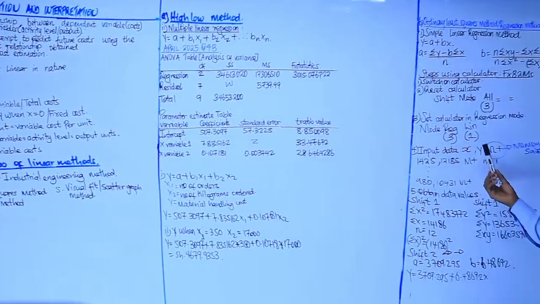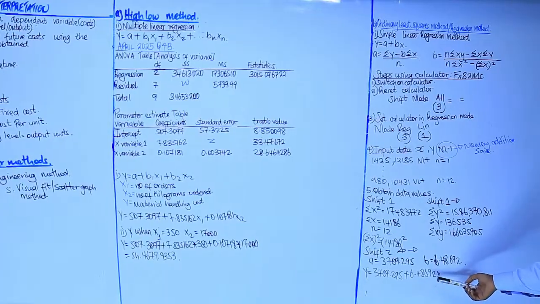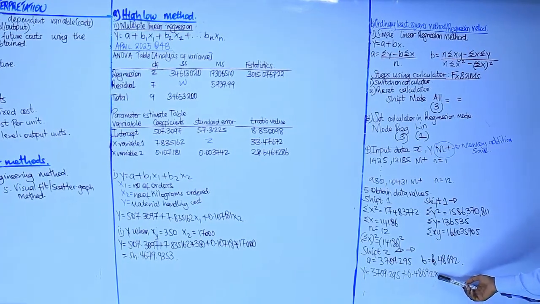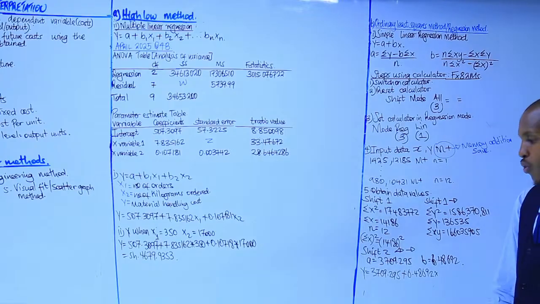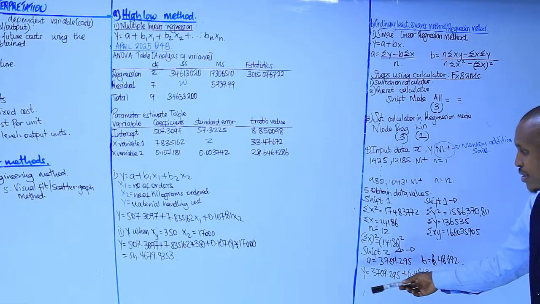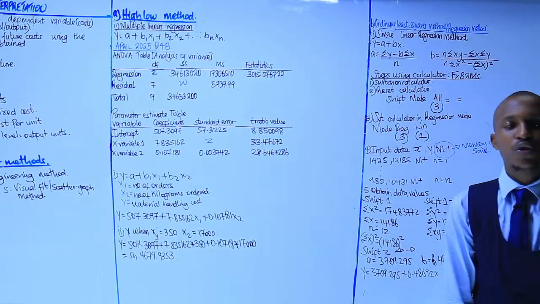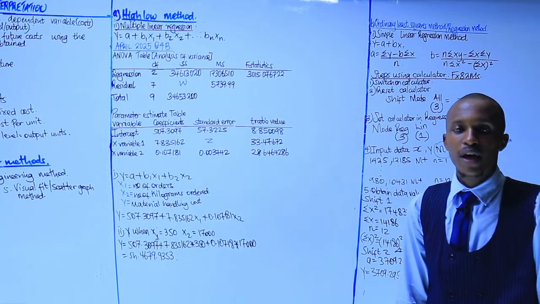Is this equation, using least squares or simple linear regression, significant, and can it be used to predict? If used to predict future cost using these two equations, are the costs going to be accurate, or are they not going to be accurate?